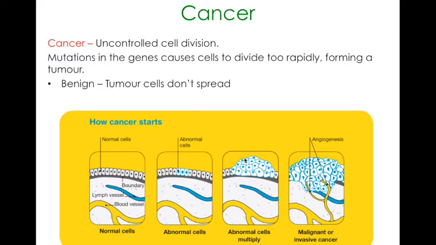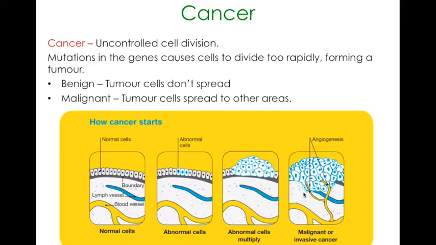Okay, now the other thing that could happen is, if it's not benign, it could be what we call malignant. Now, malignant tumors are what we have to watch out for, because they're the ones that are considered cancerous, because these tumor cells are not anchored to a particular tissue, and they can spread to other parts of the body.